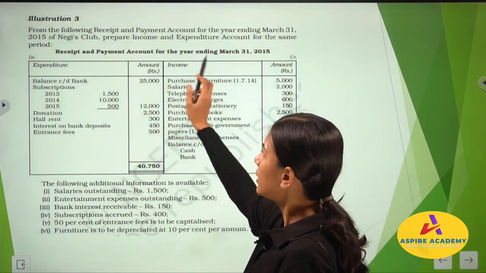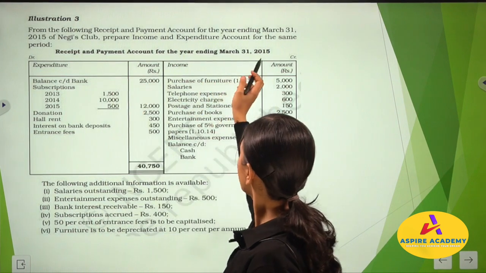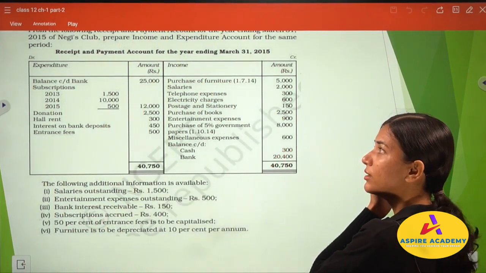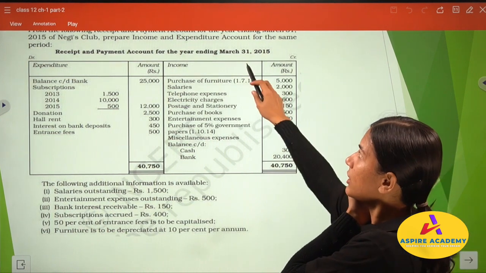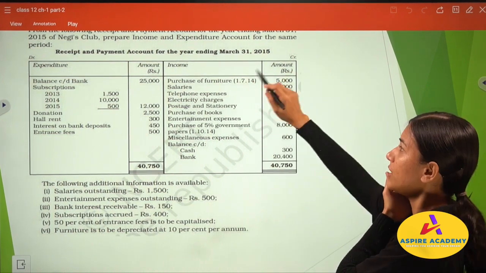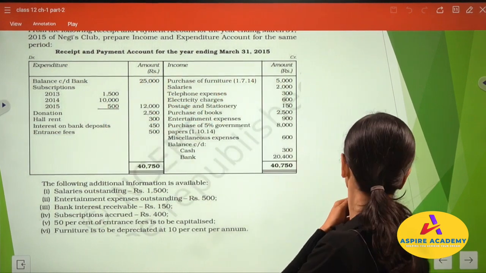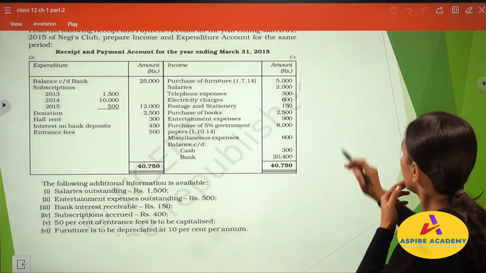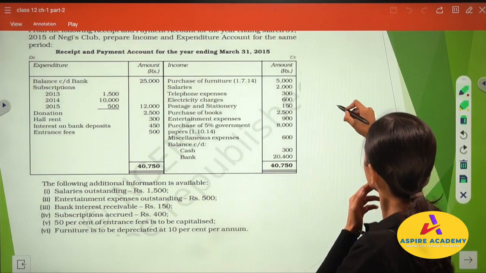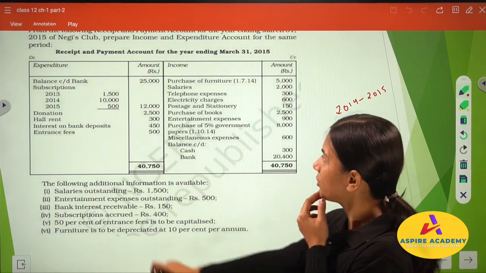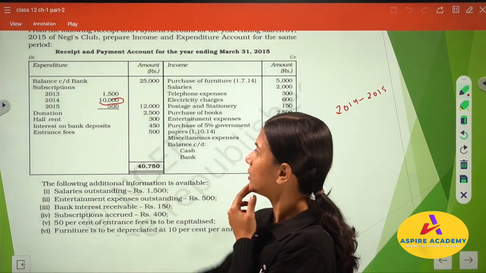So in this part you are going to record only for the year 2015. So this is for the year ending 2015, so we are going to record this subscription only.